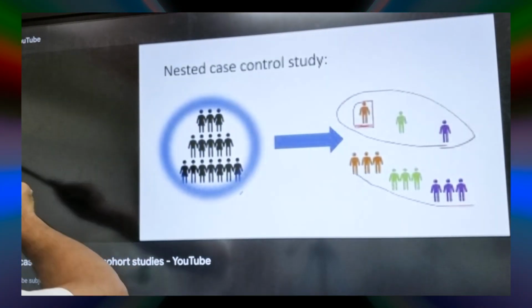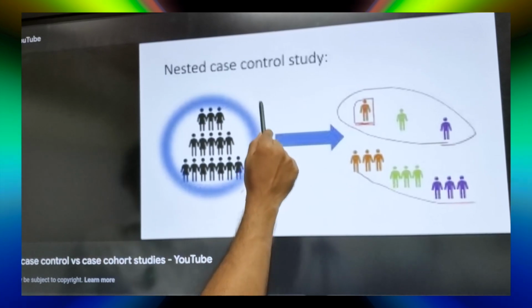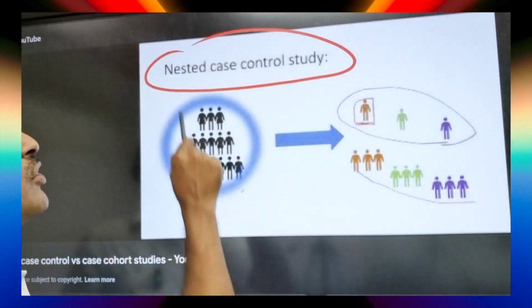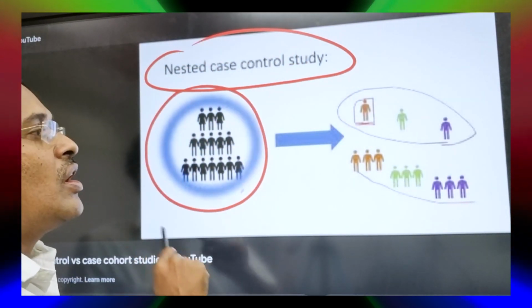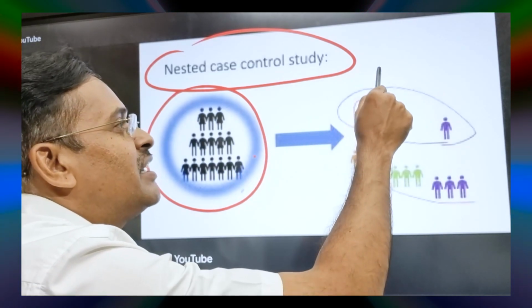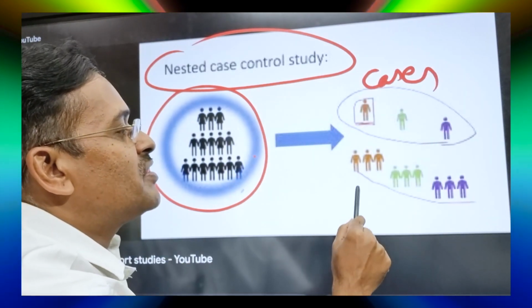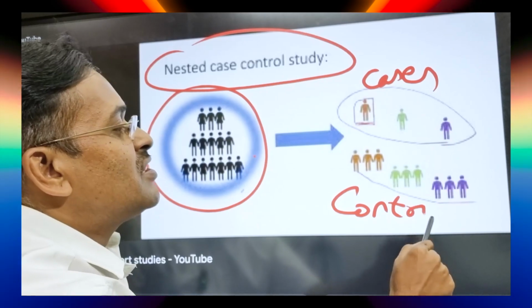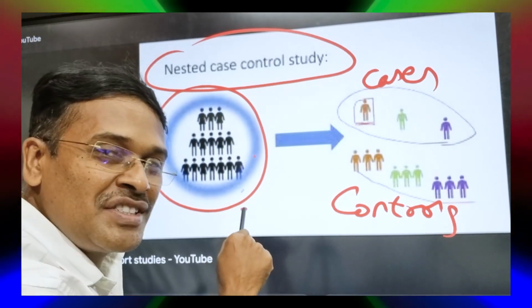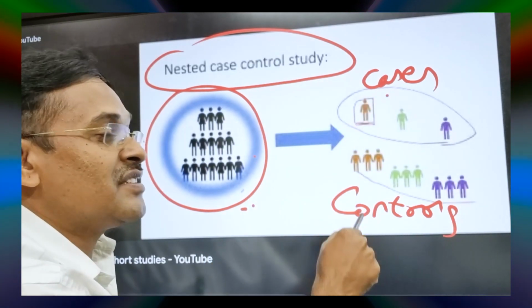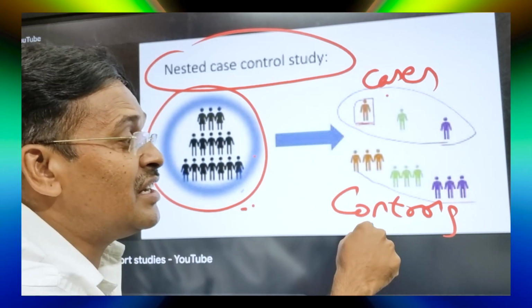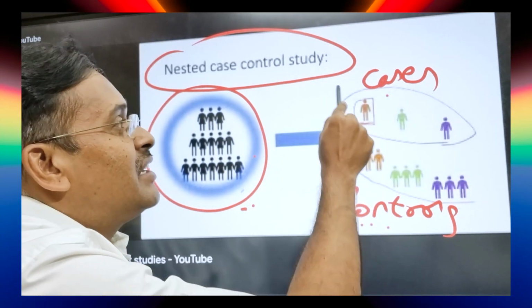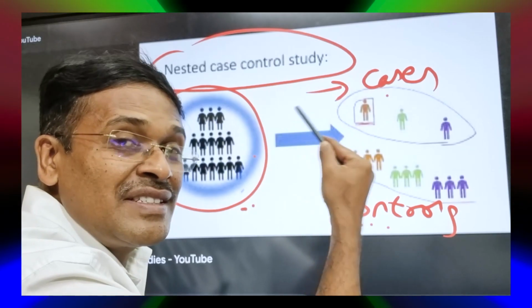Whereas in a nested case control design, here also there is a cohort. From this cohort, we are selecting the cases and also we are selecting controls. So this is also an ongoing cohort study. From here you are selecting cases and controls, but the controls are selected based on certain criteria, like the same timeline in which the cases have occurred.